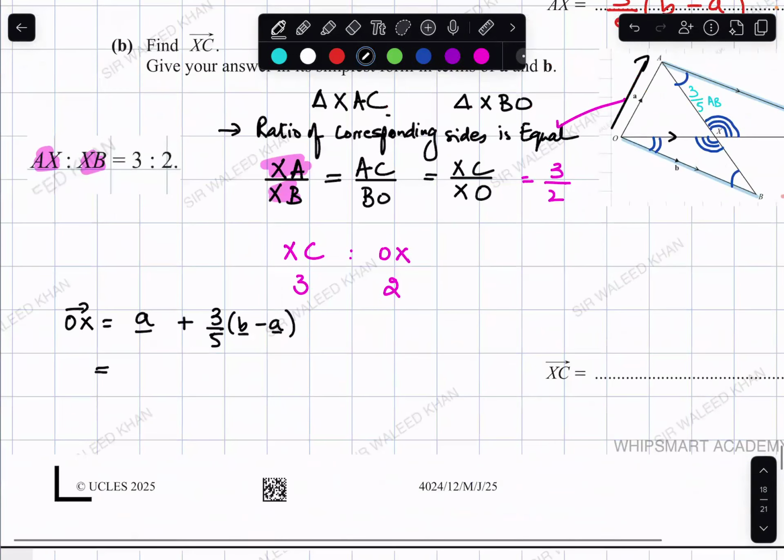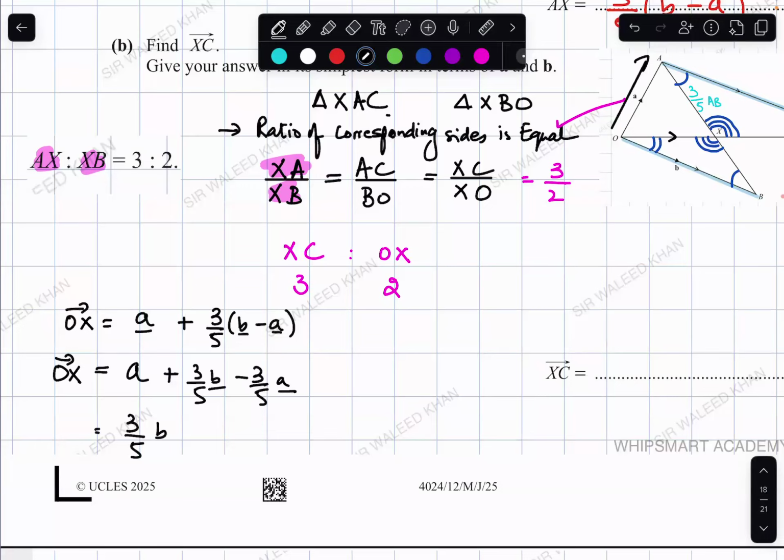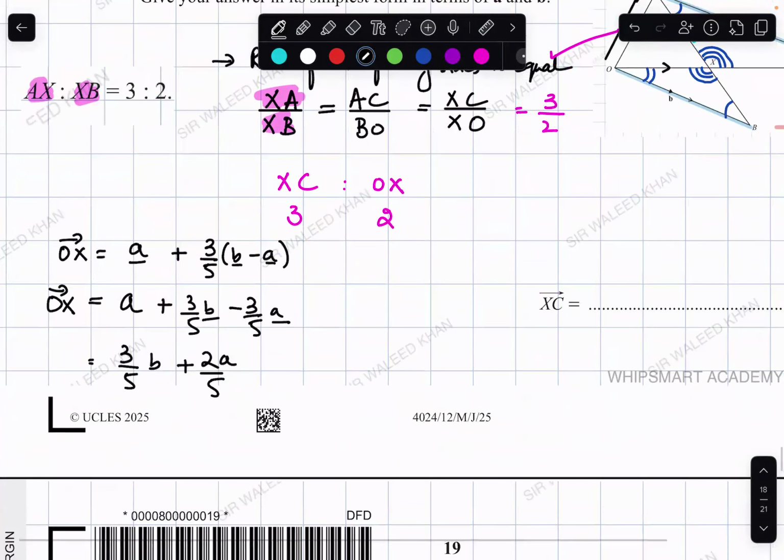So you get OX: A plus 3/5 B minus 3/5 A. So we have 3/5 B, and this should be 5A minus 3A. That will be positive 2A over 5. I've done this directly, but you will have to calculate it on the side.